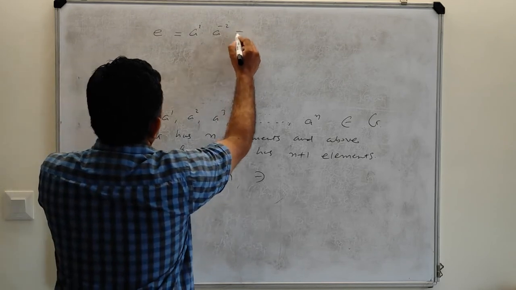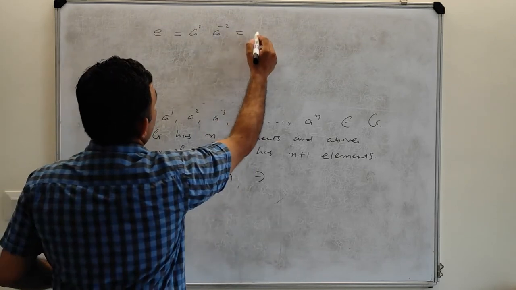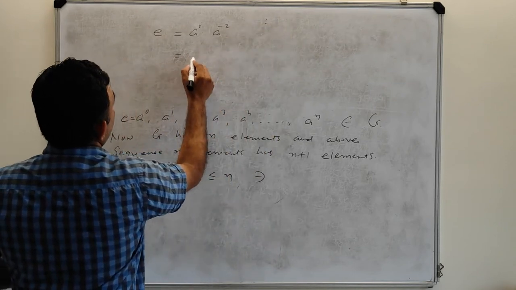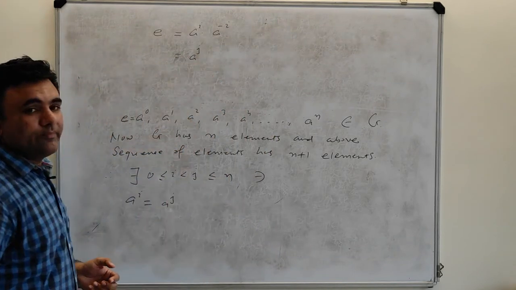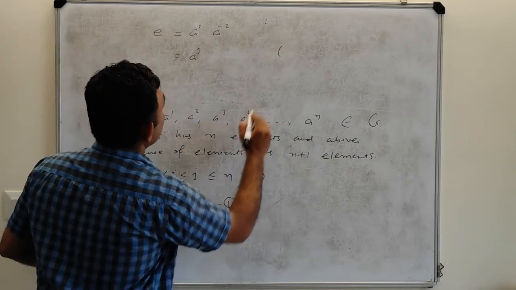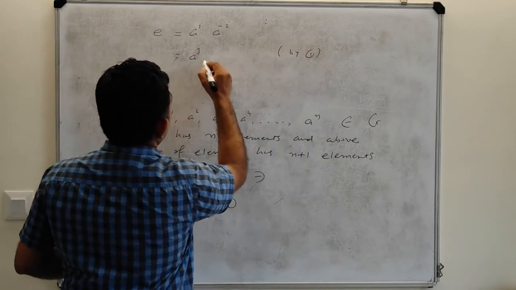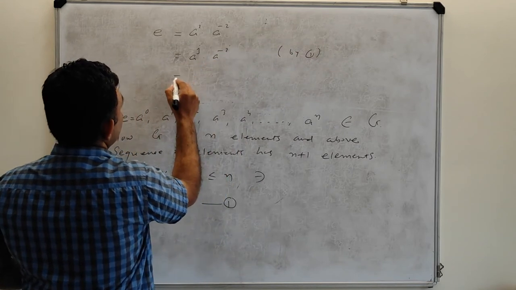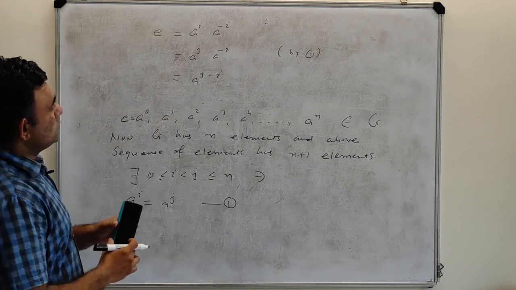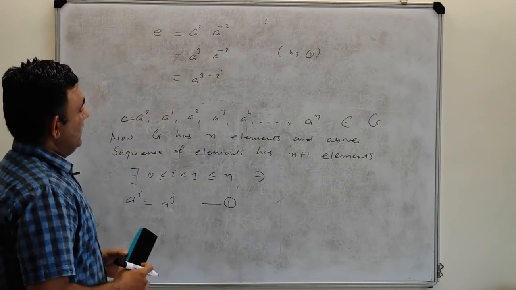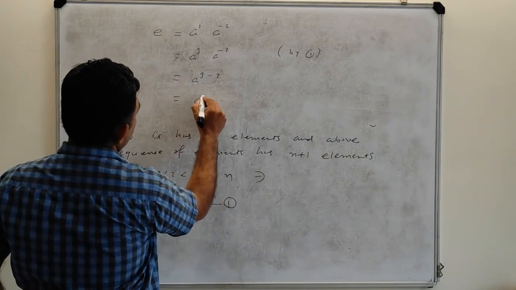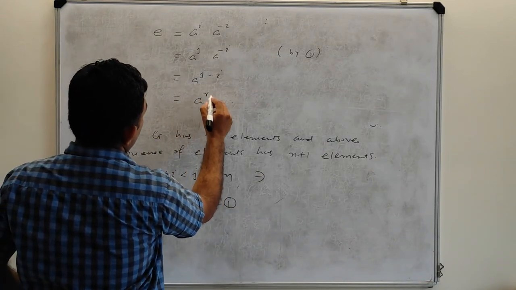So now I can write a raised to i is what? A raised to j, because this is 1 by 1 into a raised to minus i, but this is what? A raised to j minus i. By laws of indices, the bases are equal, so you can add.